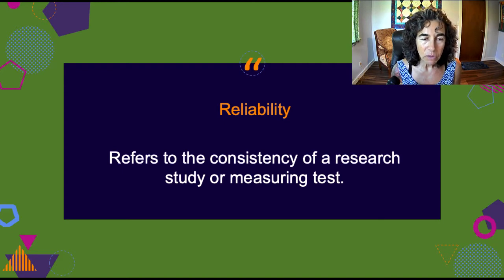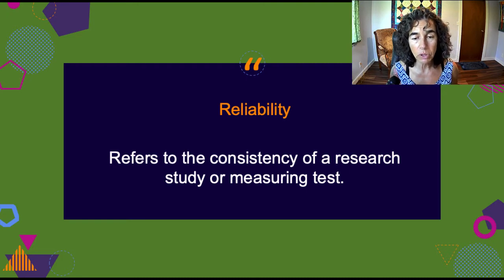If findings from research are replicated consistently, then they're considered reliable. This is really important because we want our results to be reliable. Like if somebody else did the test, if we did the test over again, we would get similar results. A correlation coefficient can be used to assess the degree of reliability.